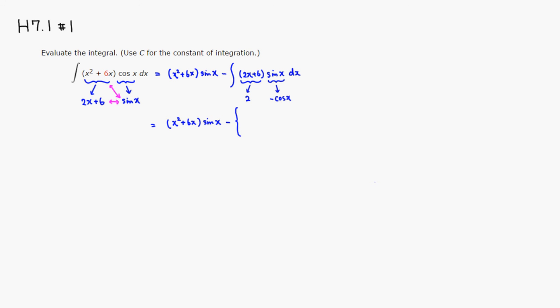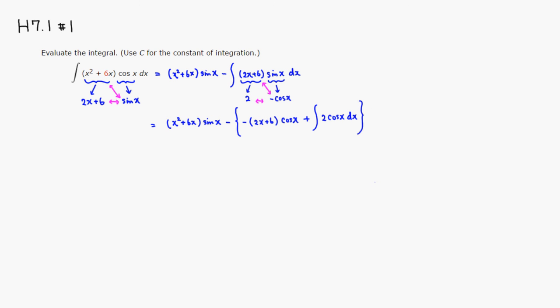Then first term we multiply diagonally, so that's going to be a negative quantity 2x plus 6 times cosine of x. Minus, there's a negative sign there, we multiply this way, so I'm going to turn this into a positive. Then we have an integral of 2 cosine of x with respect to x.